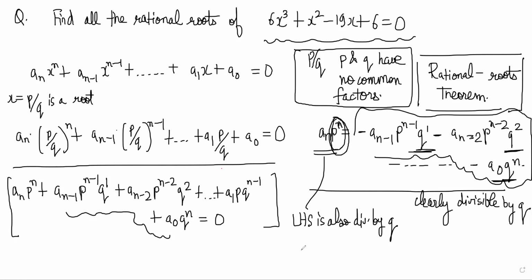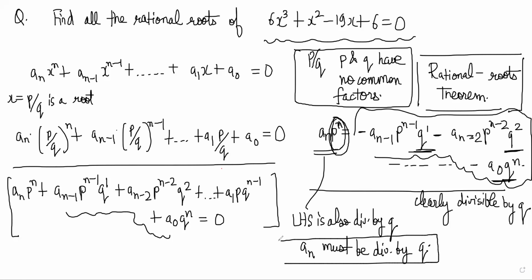So an must be divisible by q. So that is one part of the rational roots theorem that is done. We have proved that if p by q is a root, q must divide an, right?